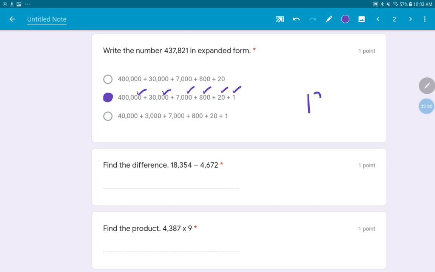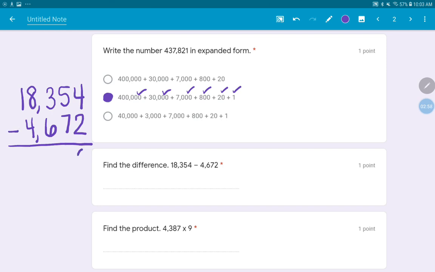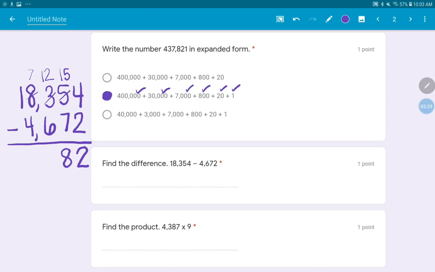I put 18,354 first, and then I put 4,672 under it, and then I took 4 minus 2 equals 2, and then I borrowed a 10 from the 3, and that becomes a 2, and then we put a 15 from that, and then I got 8, and then I had to borrow from the 8, so I left that out, and I got a 7, and then I got 12, and 12 minus 6 is 6, and 7 minus 4 is 3, and then 1.